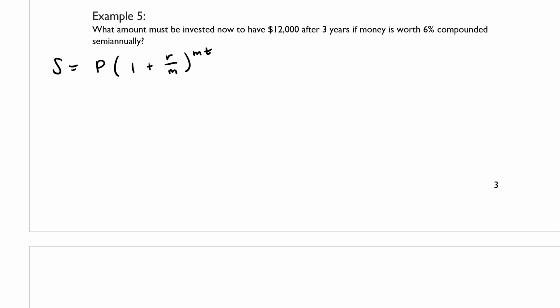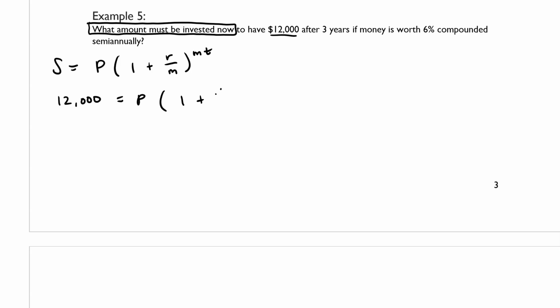So the question is asking what amount must be invested now. So what that tells us is we're trying to solve for P, so hopefully we have all of the other variables. So after the 3 years, we're going to have $12,000, so that would be our future value, S. P is the thing we don't know.